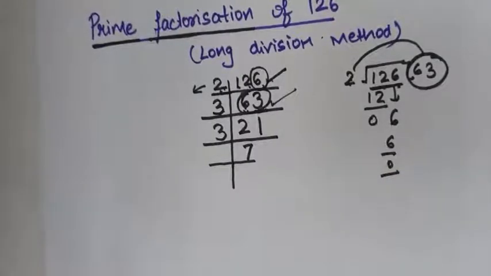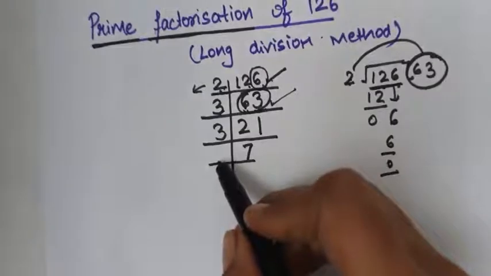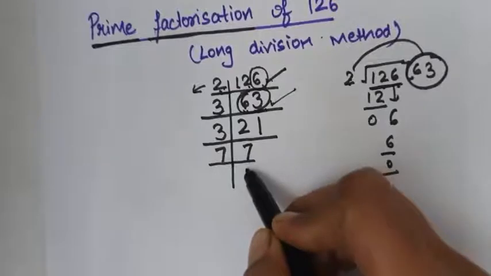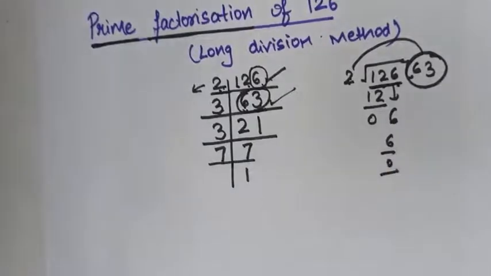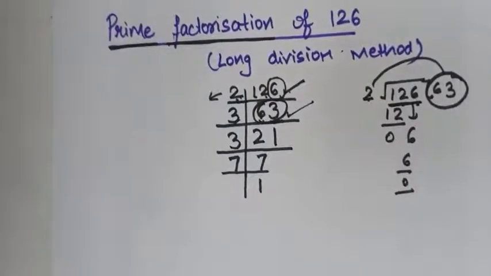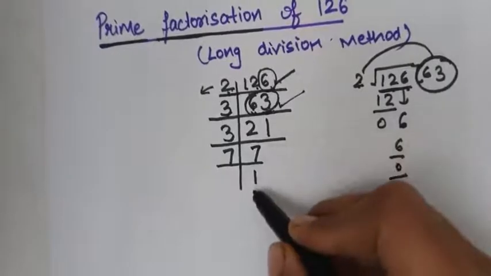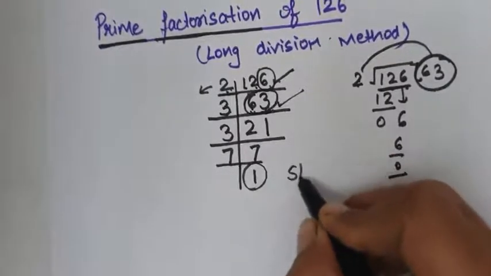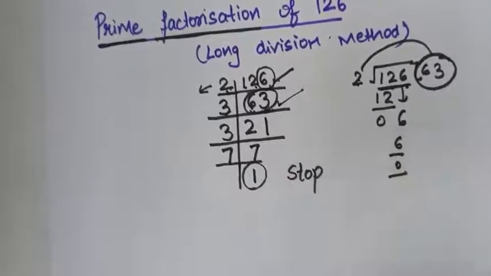So it comes in the table of 1 and 7 only. We cannot take 1 here, because 1 is not a prime number. So we will take 7 here. 7 1 is 7. Now children, whenever 1 comes here, we will stop there.